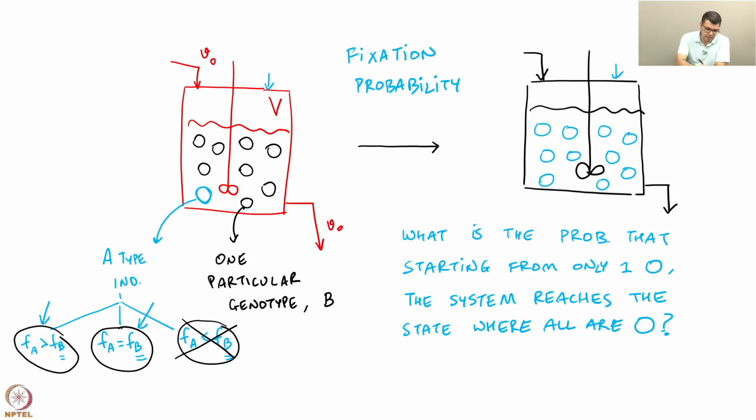And that is because, as we discussed last time, since there is only one blue type individual, there is a finite probability that this blue individual is washed away from the reactor even before it has had a chance to divide. And once it has been washed away, there is no more blue type individual left in the population, and hence the only possible state for the system is all black type individuals, and the probability of this transition is equal to 0.